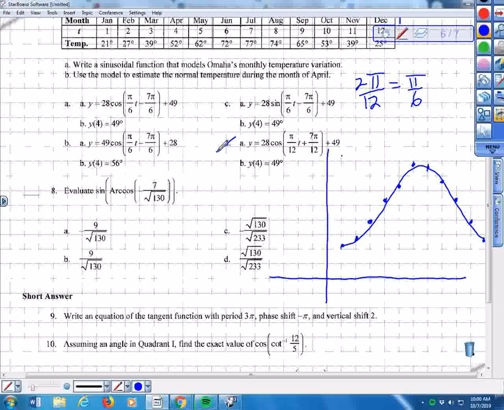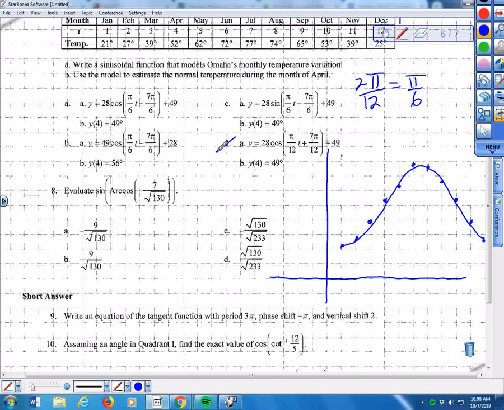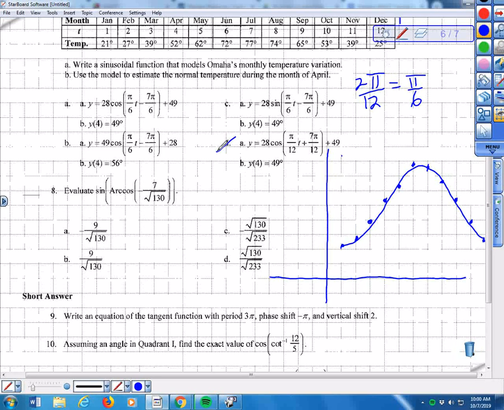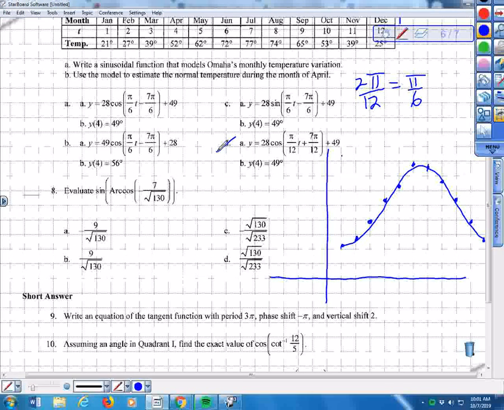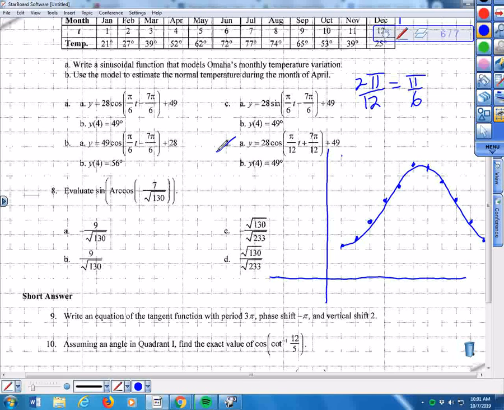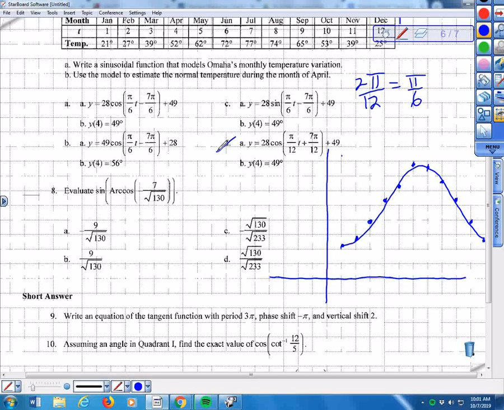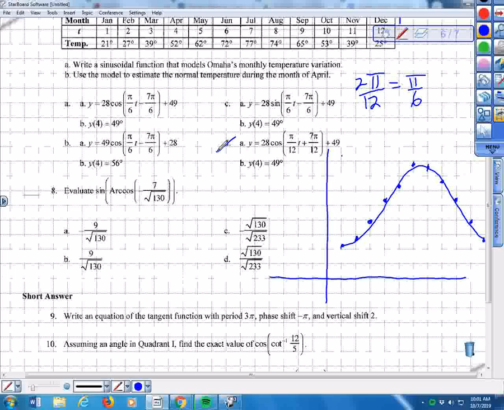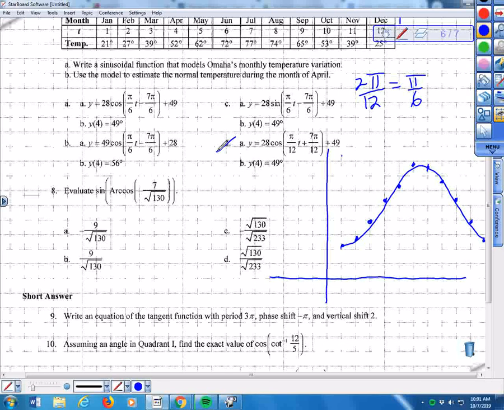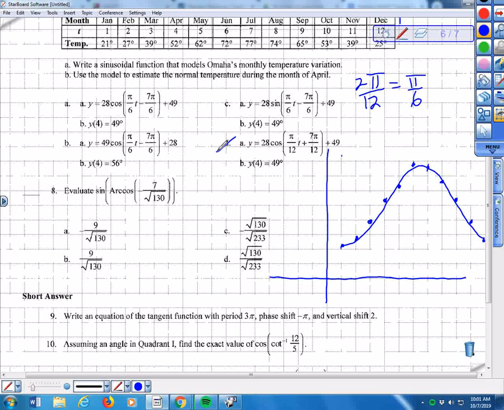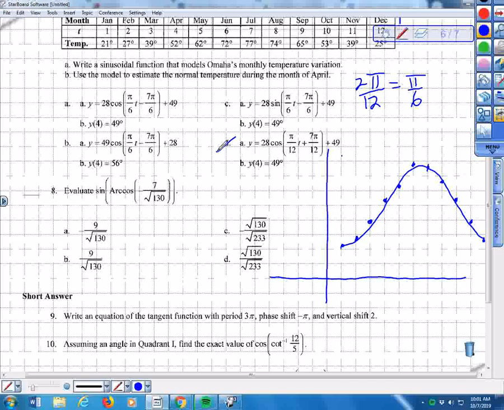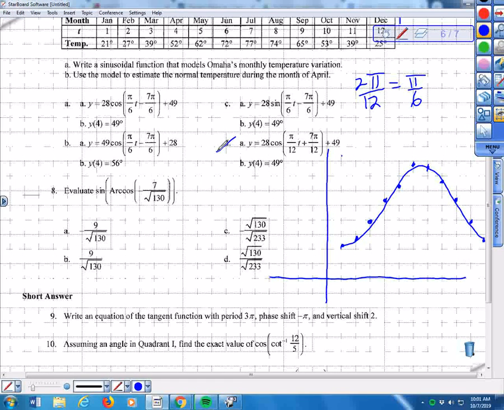So 7 pi over 6 works. My amplitude, it has to be sine, because cosine, if I start at 0, means you only have C. If I start at 0, and if I shifted it up to this point, that first point is 21, right?